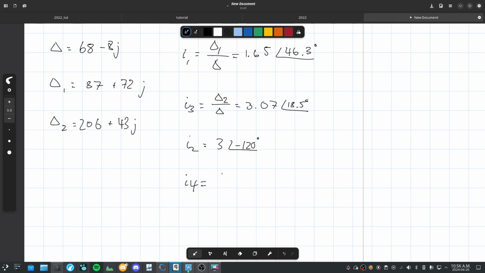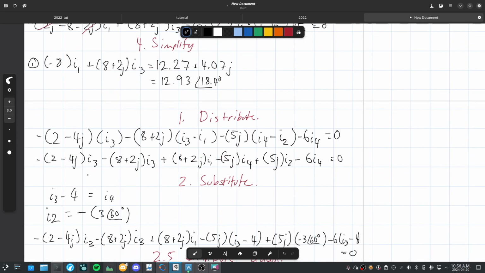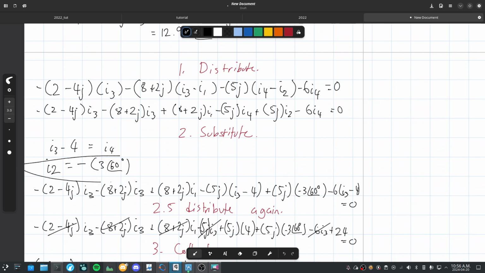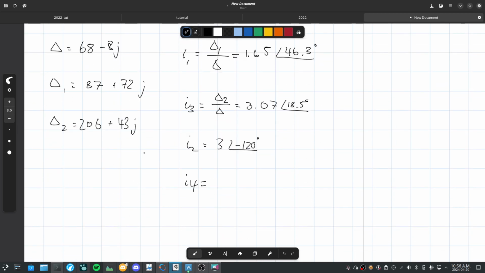And I4, again, it's just this equation. I just brought the negative in. Just do it on your calculator. I4 is going to be I3 minus 4. So that is 3.07 with a phasor of 18.5 minus 4. And I've got to put it into polar form.